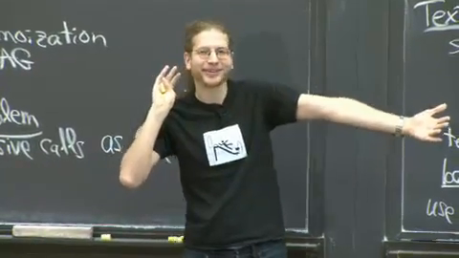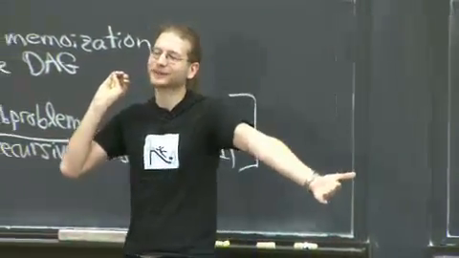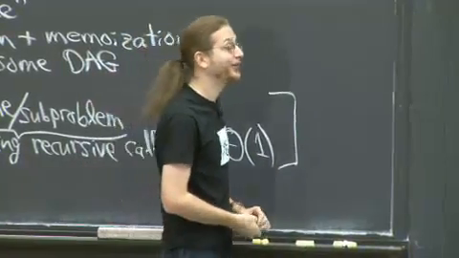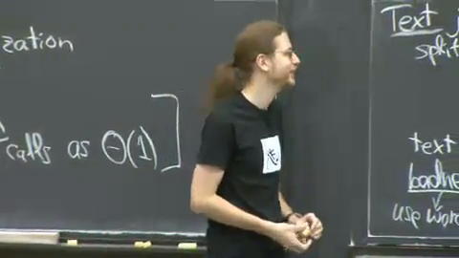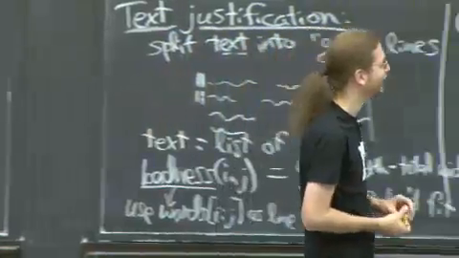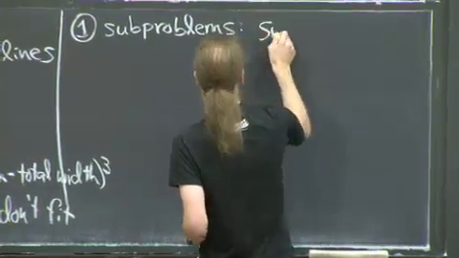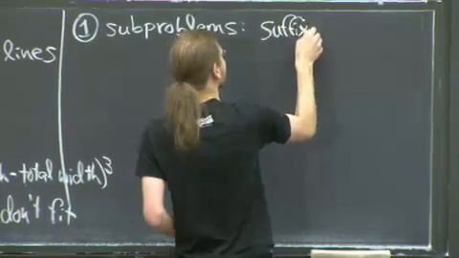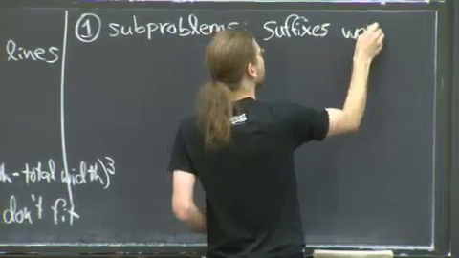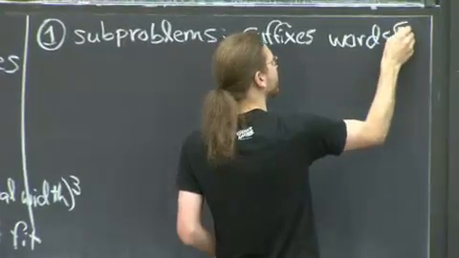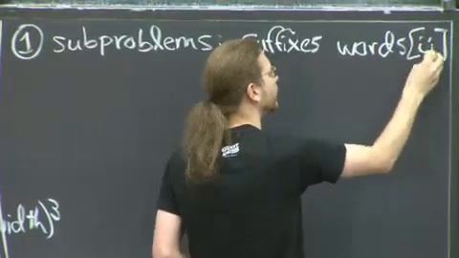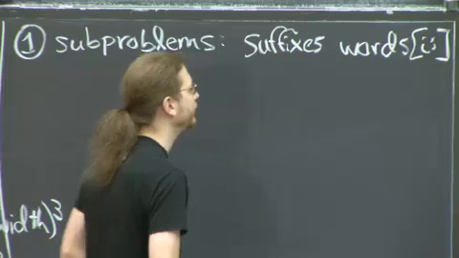A subproblem, yes, that's what we want to define. It's called a suffix of the array. That's the word I was looking for. It's tough when I only have one-word answers. So my subproblems are going to be suffixes, which in Python notation is i colon. They call it slices.